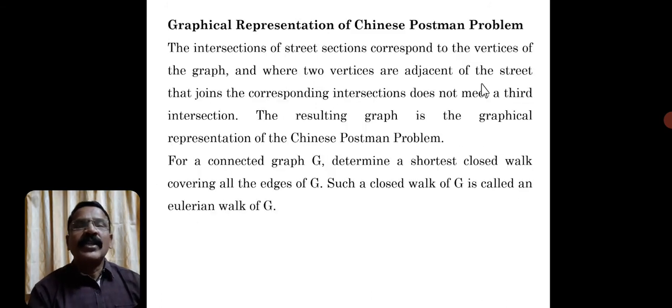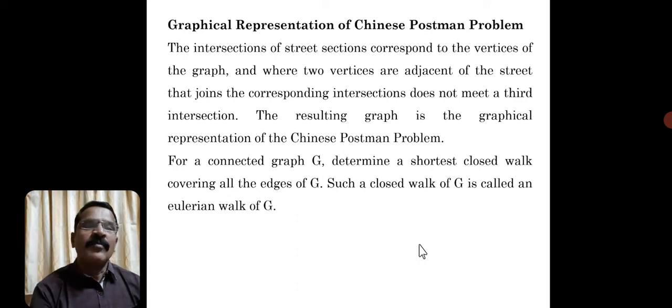So now we will give the graphical representation of the Chinese postman problem. The intersections of street sections correspond to the vertices of the graph. When two vertices are adjacent, the street that joins the corresponding intersections does not meet a third intersection, and the resulting graph is the graphical representation of the Chinese postman problem.